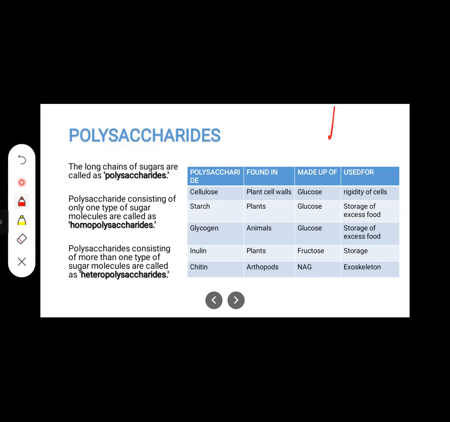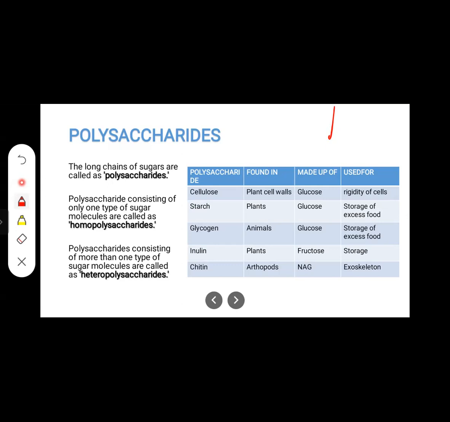I'm repeating the question once again. Which of the following polysaccharides are used for storage of food? Option A starch, option B glycogen, option C inulin, option D all of the above. Okay, so this way they may ask different questions.